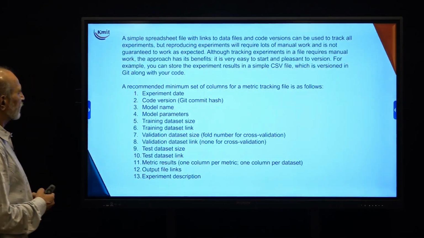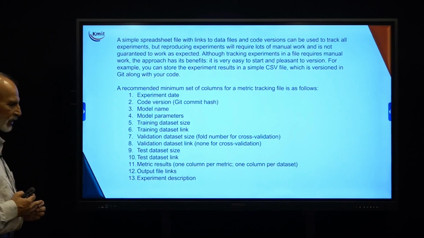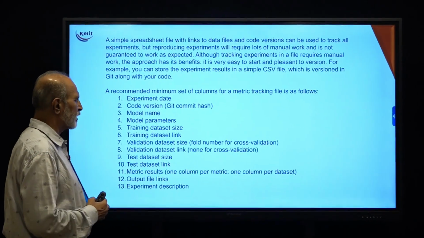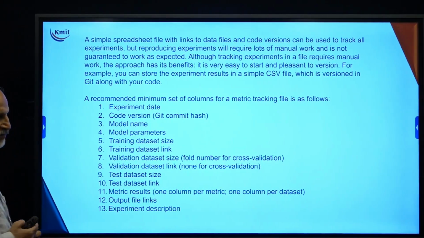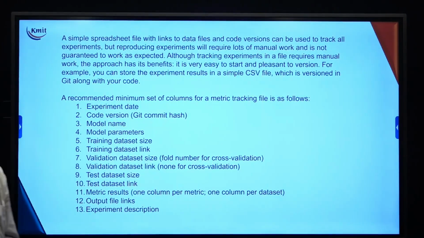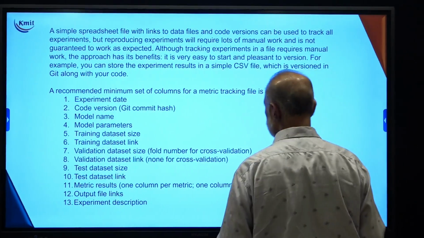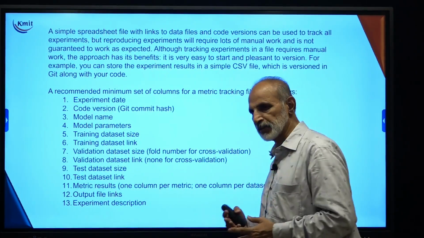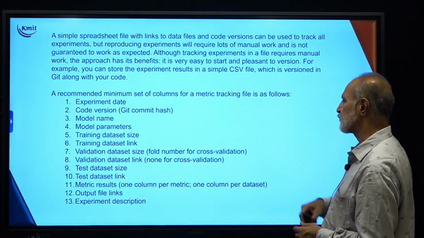Okay, and we can set up a tracking library. We can use a metric tracking file as follows. If I am using a CSV file, a comma separated values file, or an Excel sheet or any other sheet, I can have a minimum set of columns for tracking, called a metric tracking file.